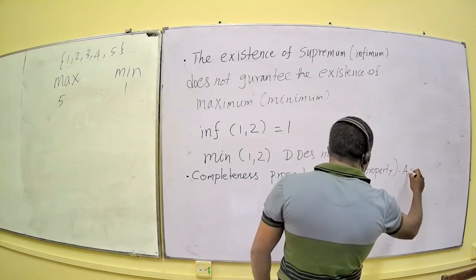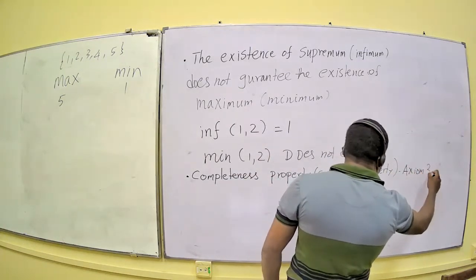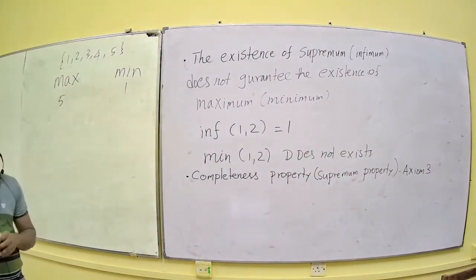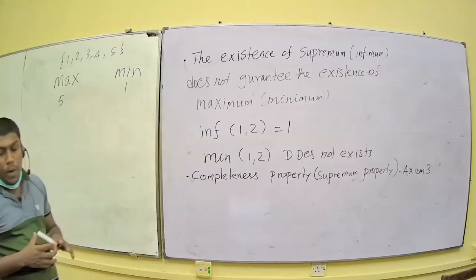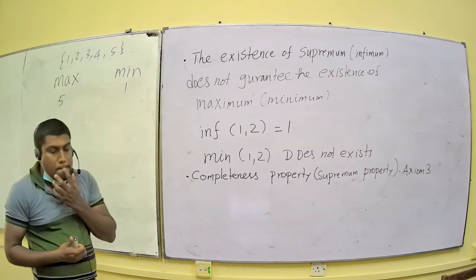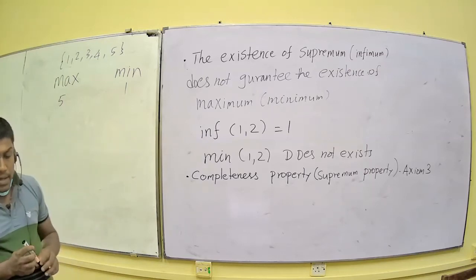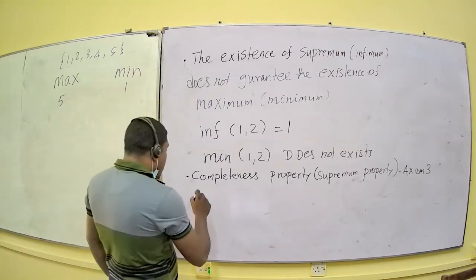It is also axiom 3. We call it the completeness property, and sometimes we call it the supremum property also. It is basically axiom 3 there. So it's very simple.